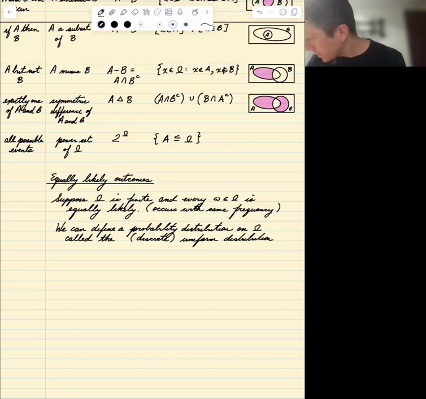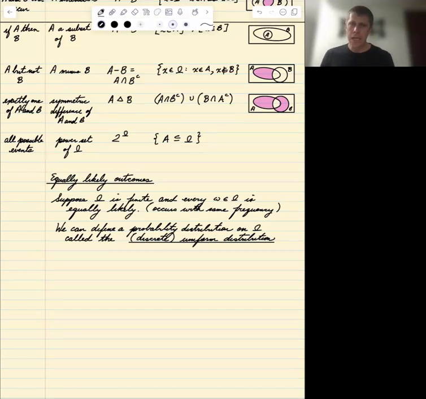Now, why do I put discrete in parentheses here? Because it's a little bit redundant. We don't actually have to say discrete explicitly because it's implied. Throughout the course, there is a distinction between things that are called discrete and things that are called continuous, and we will sometimes need to distinguish between those.